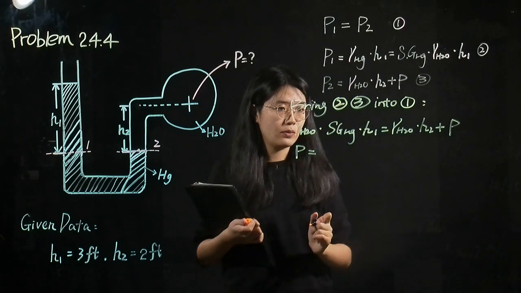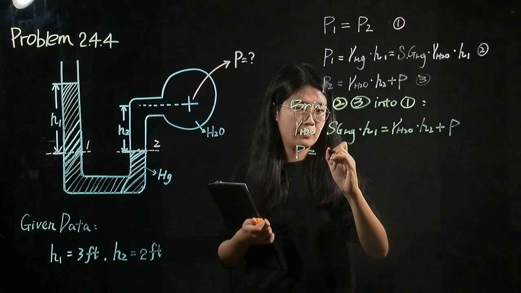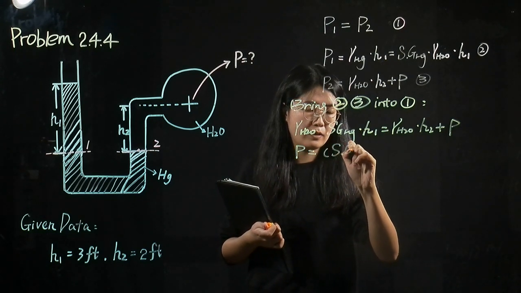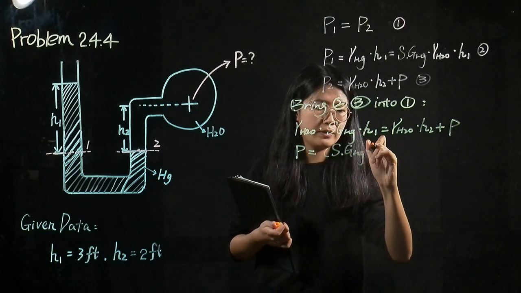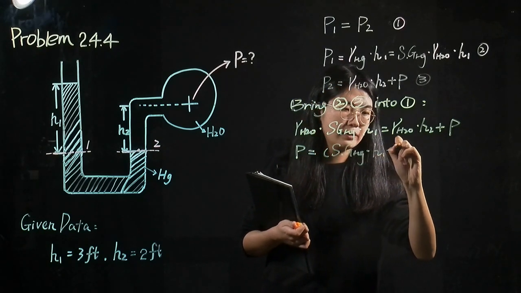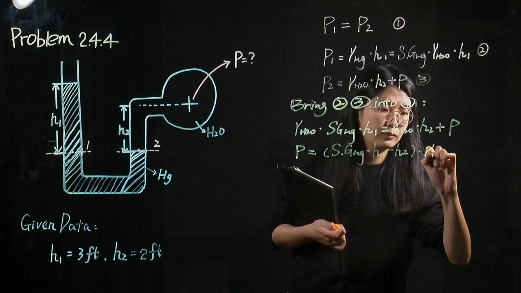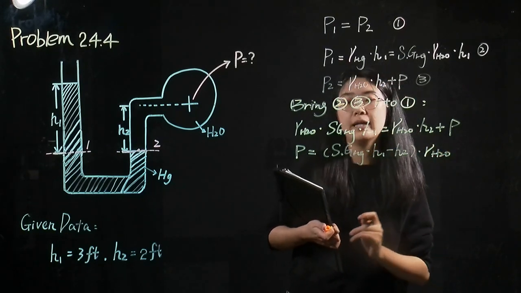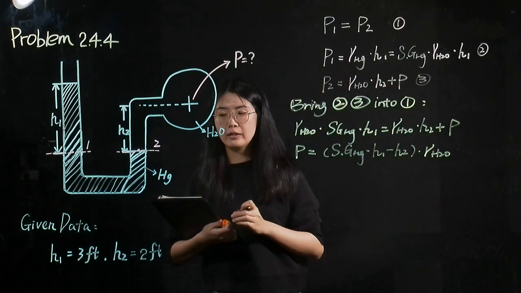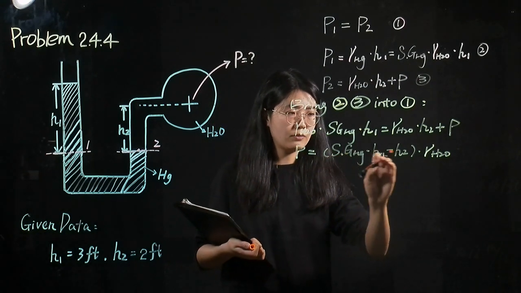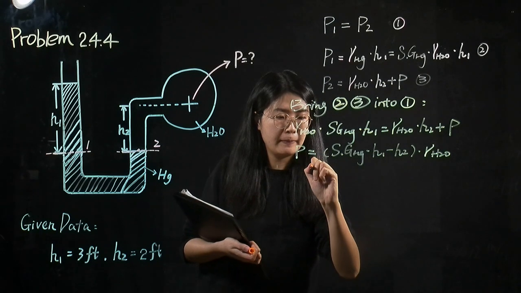It would be the specific gravity of mercury times H1 minus H2, times the specific weight of water. Then we can bring the values that we already know to the right-hand side.